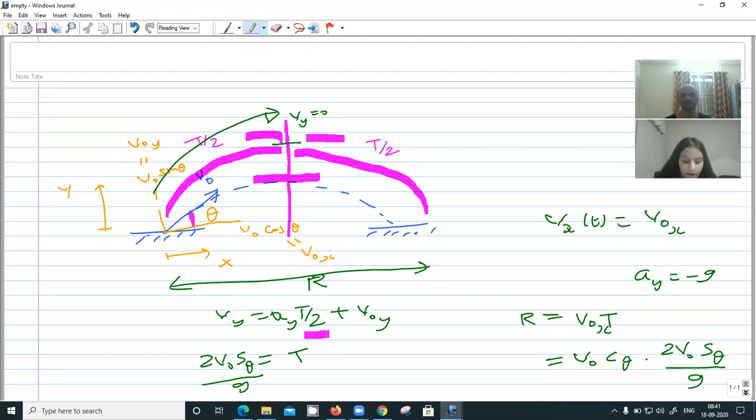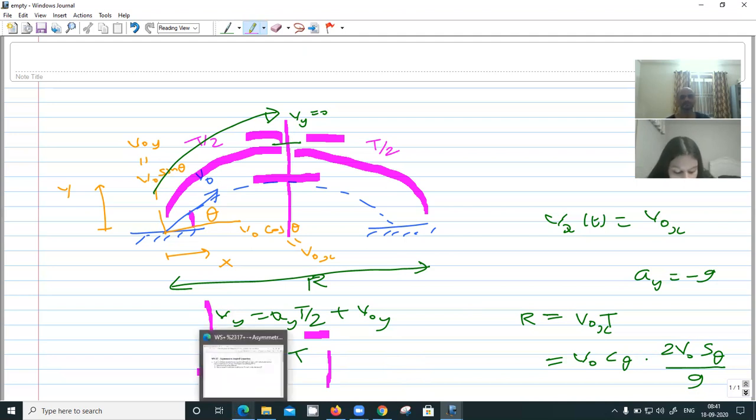From the half time you can get the full time by multiplying by 2. So this 2 is here. And it's the same for vertical and horizontal.